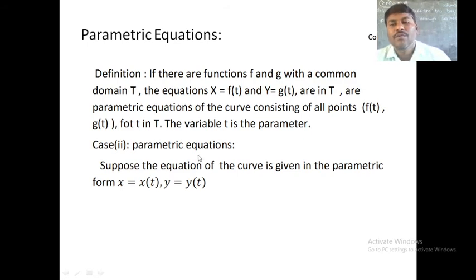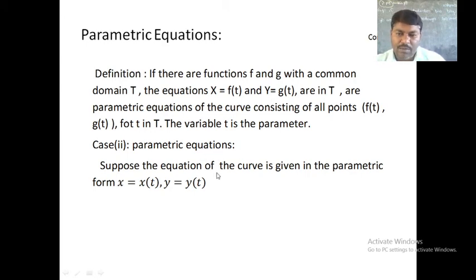Next, we have to consider parametric equations. The definition of parametric equations is: if there are functions f and g with a common domain T, the equations x is equal to f of t and y is equal to g of t are parametric equations in domain T of the curve consisting of all points f of t, comma, g of t for t in T. Here the variable t is called the parameter.